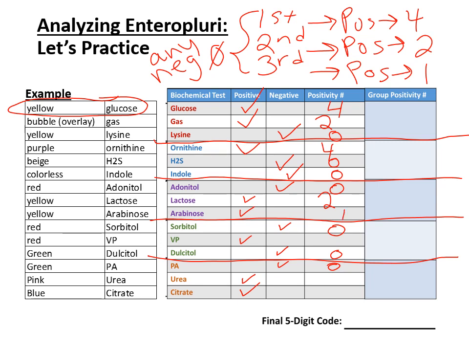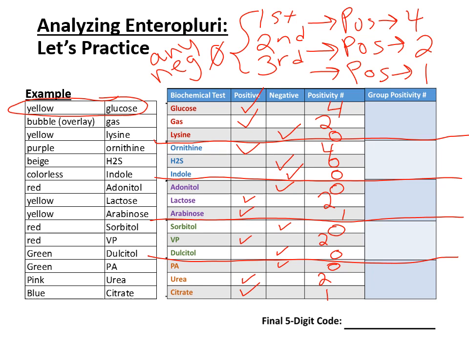Sorbitol, we already said, was negative, so that's 0. VP is a second test, so that gets a 2. Dulcitol and PA, negative, so that's easy, they're both 0. Urea, what is that? That's a second test in a group, so that gets a 2. Citrate is a third test in a group, so that gets a 1. So remind yourself 4, 2, 1, okay?